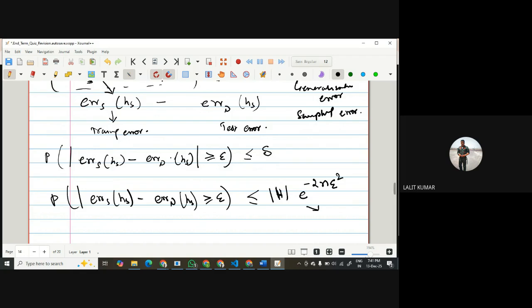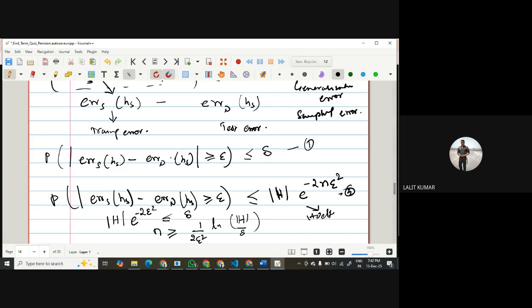This came from Hoeffding's. Now comparing this 1 and 2, we got |H| e to the power minus 2 n epsilon square is less than or equal to delta. And from here we got n is greater than or equal to 1 by 2 epsilon square natural log of |H| over delta.